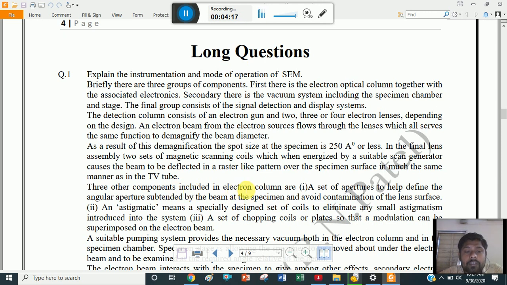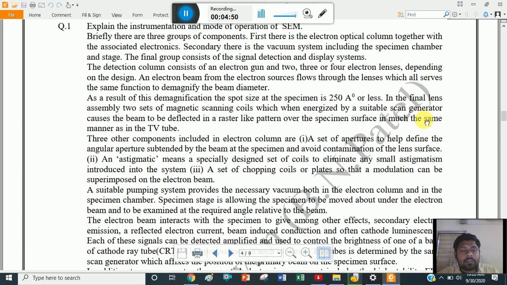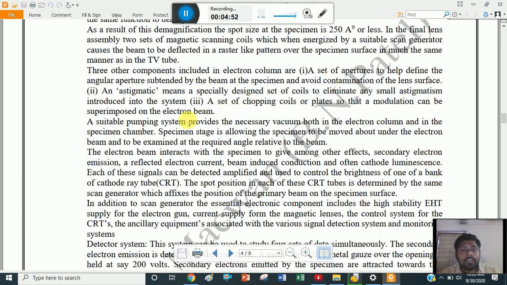Other components, including electron columns, are a set of apertures to help define the angular aperture subtended by the beam at the specimen and avoid contamination of the lens surface; astigmatic coils, specially designed to eliminate any small astigmatism introduced into the system; and a set of chopping coils or plates so that modulation can be superimposed on the electron beam.